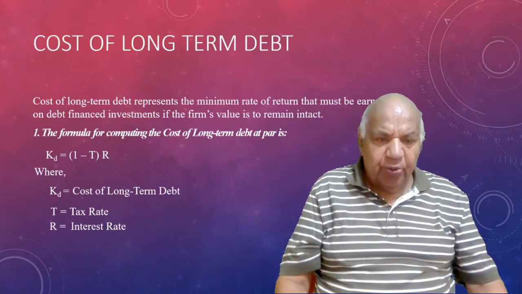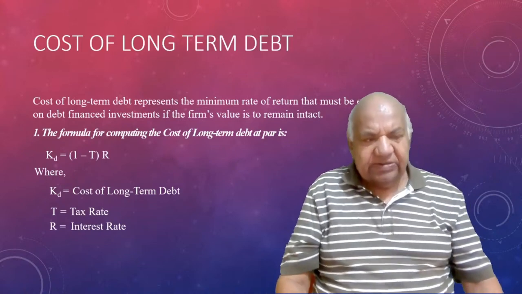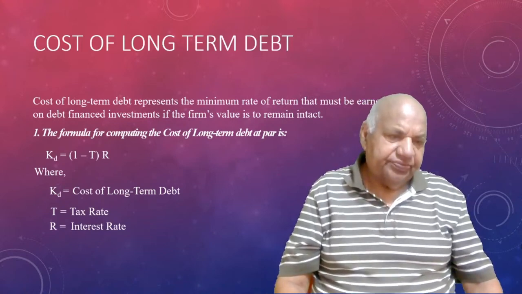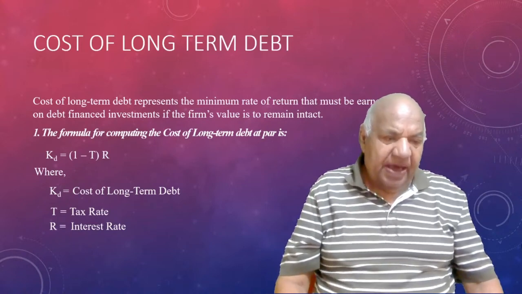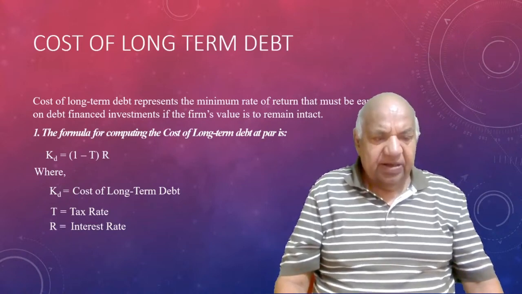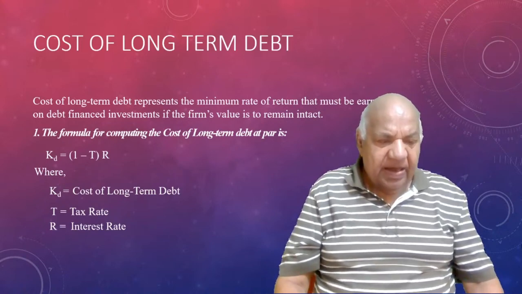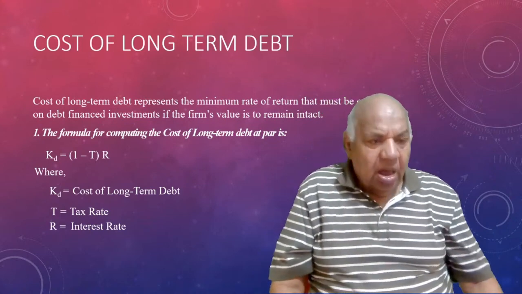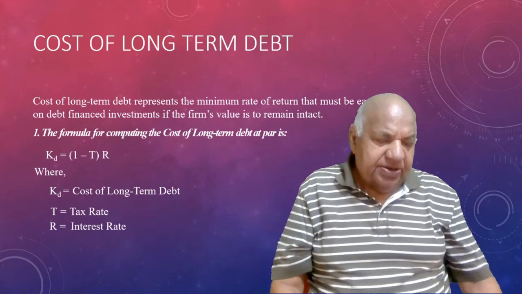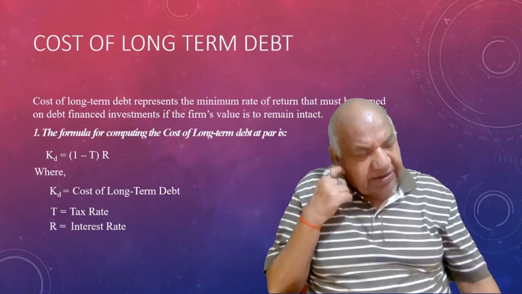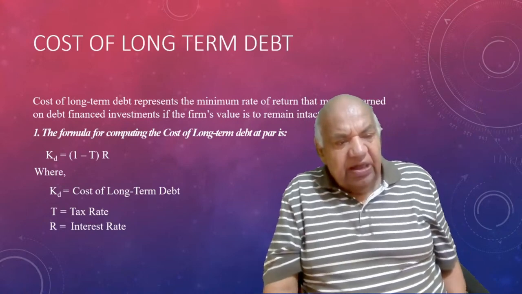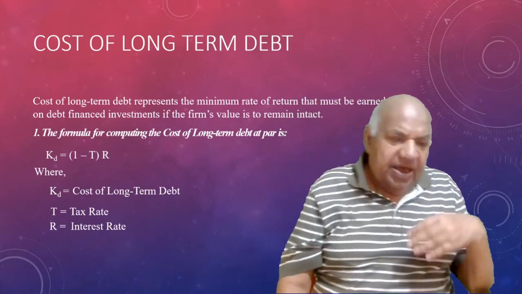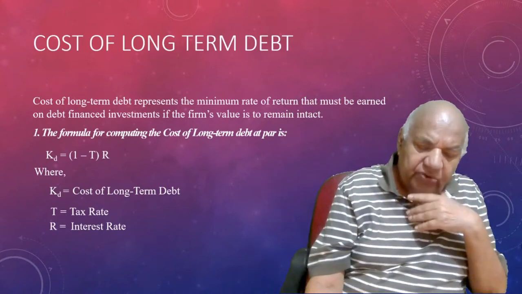The formula for computing the cost of long-term debt at par is KD, cost of long-term debt, equal to (1 minus T), where T stands for tax rate, multiplied by R, the interest rate. For example, suppose the tax rate is 30%, then 1 minus T will be 0.7, multiplied by interest rate, say 10%. This is the cost of debt.